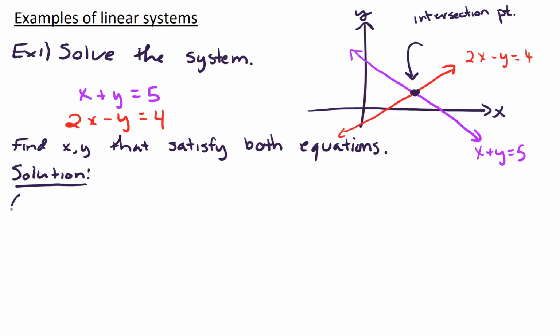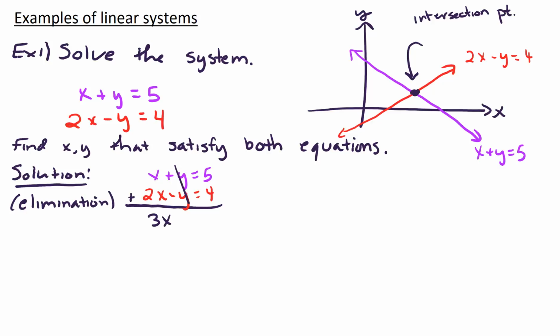To solve this, we're going to use a technique called elimination. And our goal is going to be to eliminate that y variable. So we've got x plus y equals 5, and we have 2x minus y equals 4. And if we just add up those two equations, we get 3x, the y's cancel, equals 9. In other words, x equals 3. And from this, we can substitute x equals 3 into either equation.